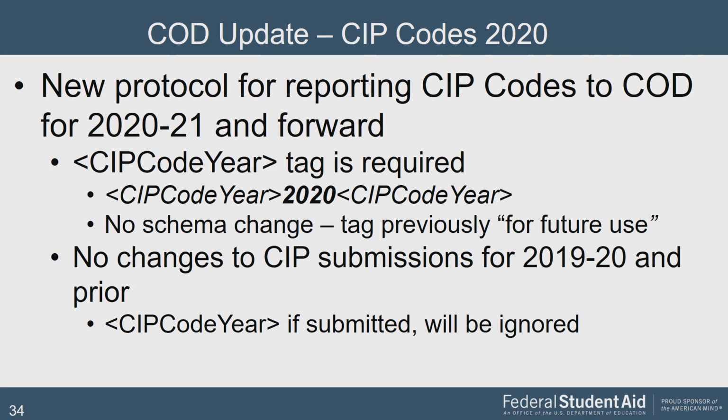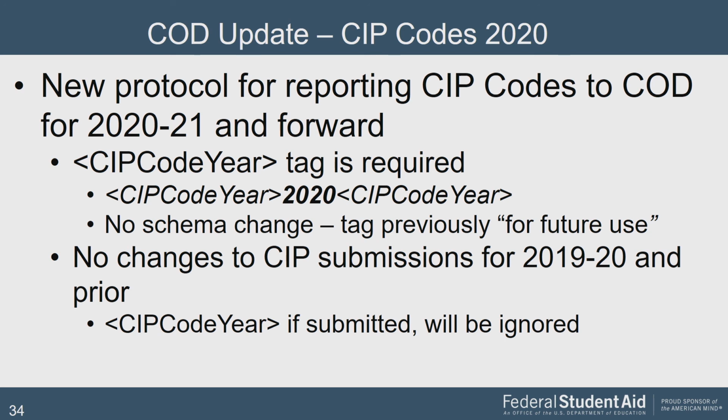Okay, so new protocol. We're going to talk about the 2020 CIP codes and how it's affected COD and the changes we had to make to accept these new CIP codes. Many years ago, when we began to require the CIP code for all program submissions to COD, we created a schema tag entitled CIP code year. And we marked it for the last umpteen years as for future use.